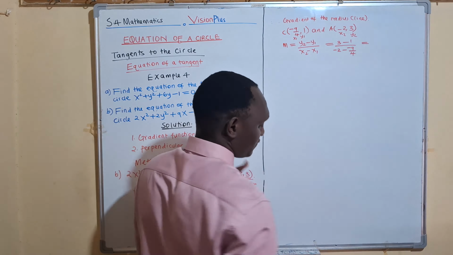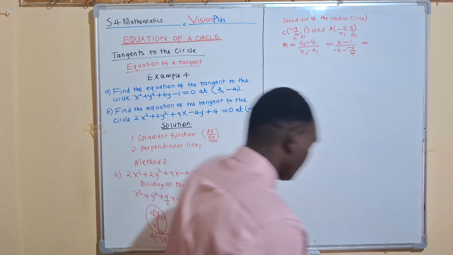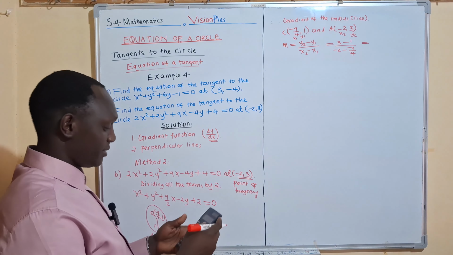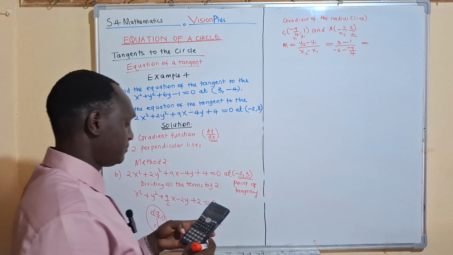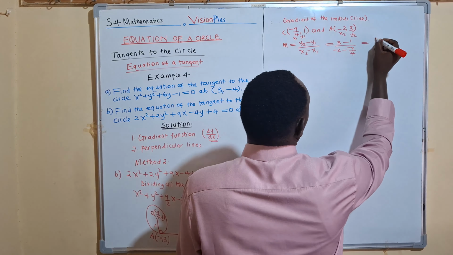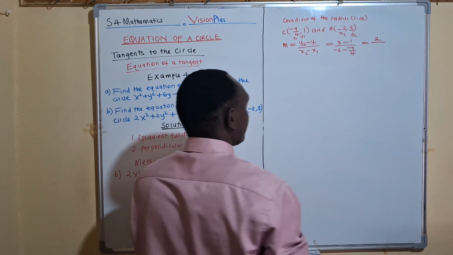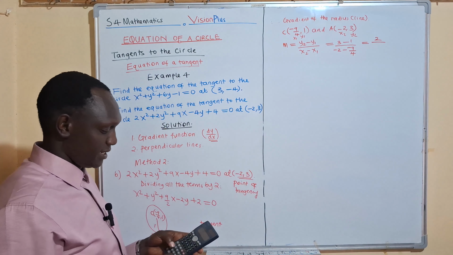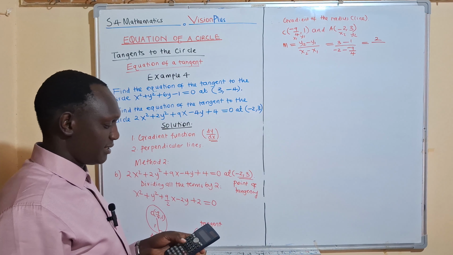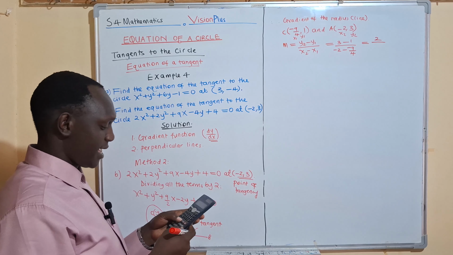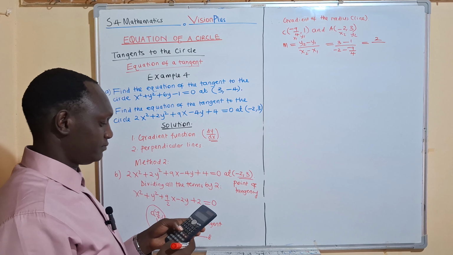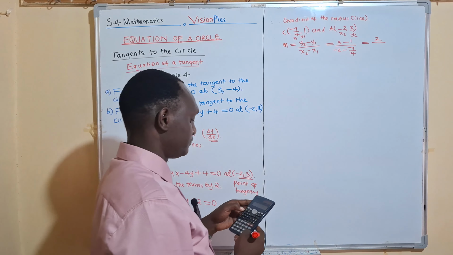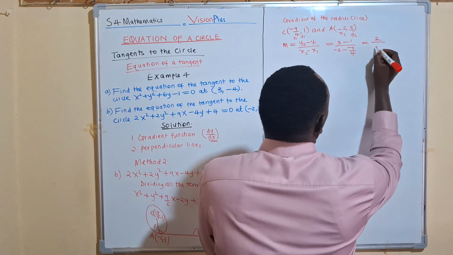Then you simplify the fractions. The calculator can help you best. 3 minus 1, in the numerator I'm getting 2. For the denominator, -2 minus negative 9 divided by 4, I'm getting 1 out of 4.